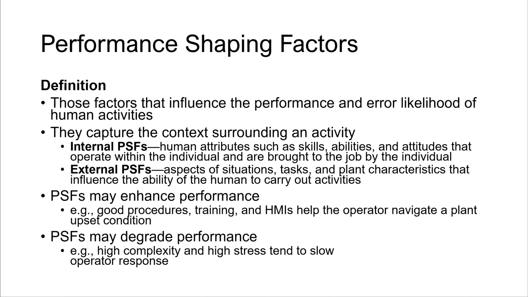We typically group performance shaping factors along two spectrums: internal, which are our internal human attributes, such as skills, abilities, but also our latent and inherent characteristics. Potentially, some folks have a better memory than others. Some folks might perform very well under pressure.